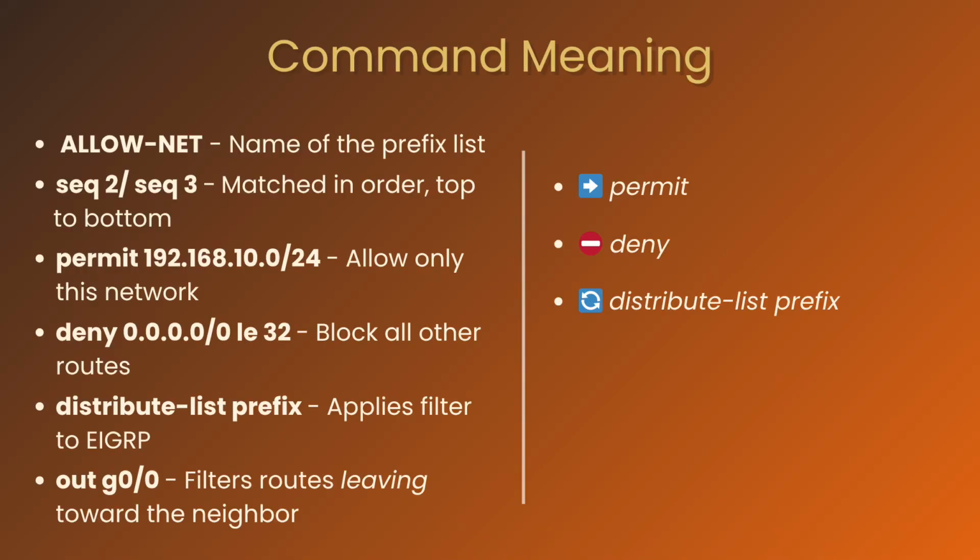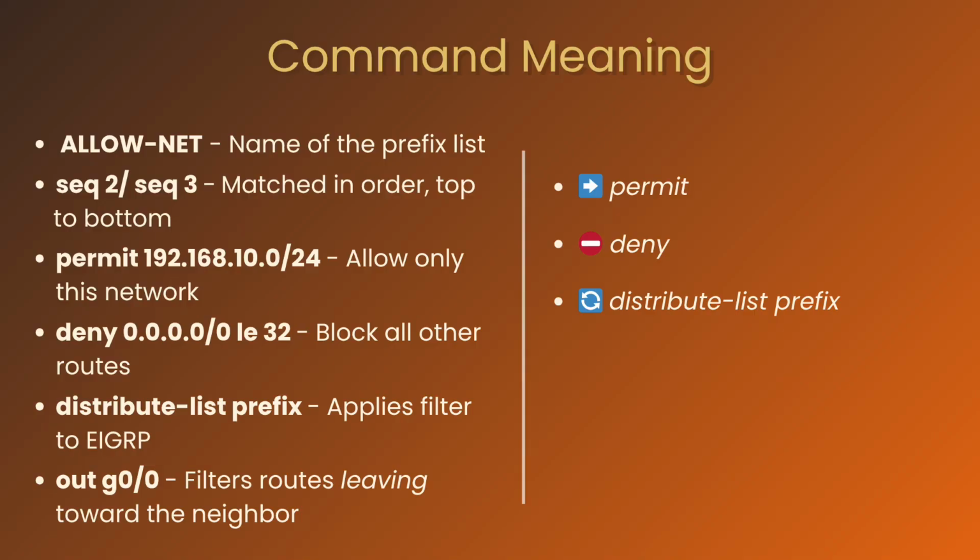Now let's break down what those parts actually mean. The prefix list name is just a label for your filter. It could be anything. Sequence numbers determine the order of evaluation. Lower numbers get checked first. The permit line allows the specific prefix you want to advertise. The deny line blocks everything else.